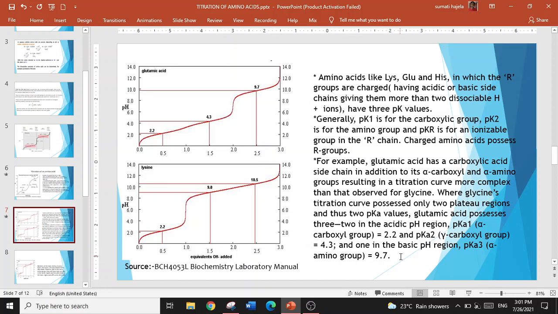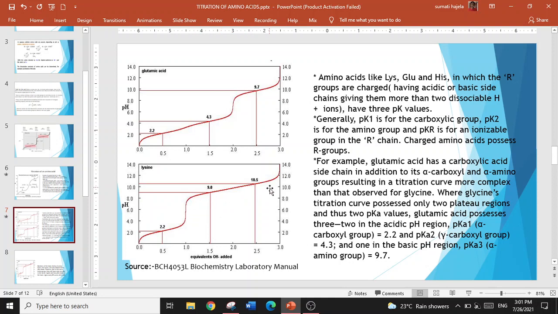Then one in basic region, क्योंकि अमाइनो ग्रुप के टाइट्रेट होने से, NH3 ग्रुप के टाइट्रेट होने से वो रीजन फॉर्म होता है. So only one is in the basic group, basic pH, while two are in the acidic range.